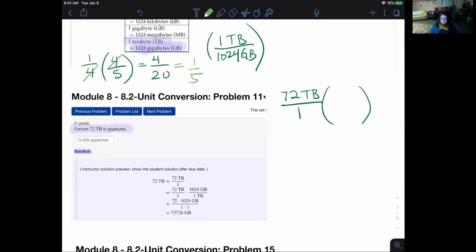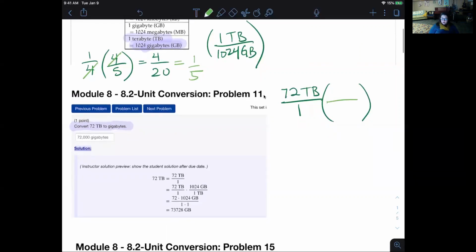For this one, I want to get rid of the terabytes, so I'm going to put that on the bottom. 1 terabyte is still equivalent to 1024 gigabytes, so this is the same thing as 1. Since these units are equivalent, we're setting up this conversion factor to multiply by 1 in order to not change the value.